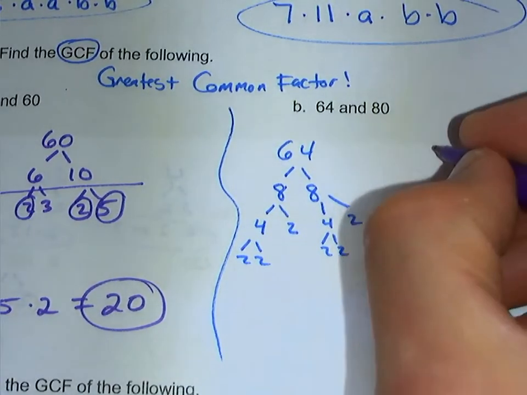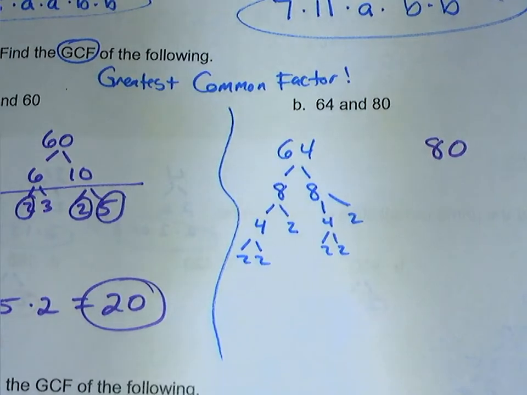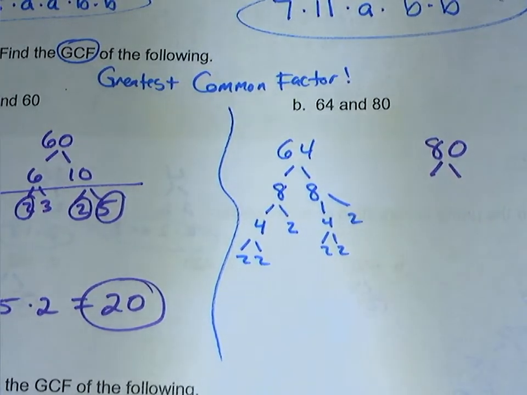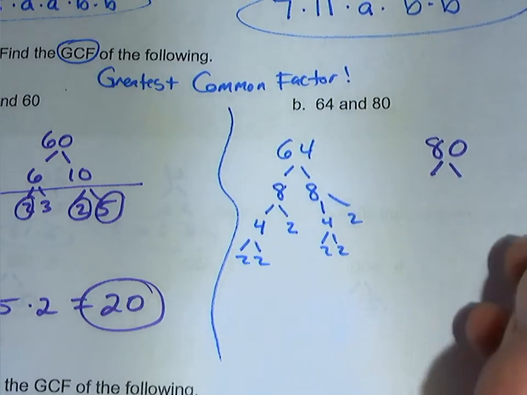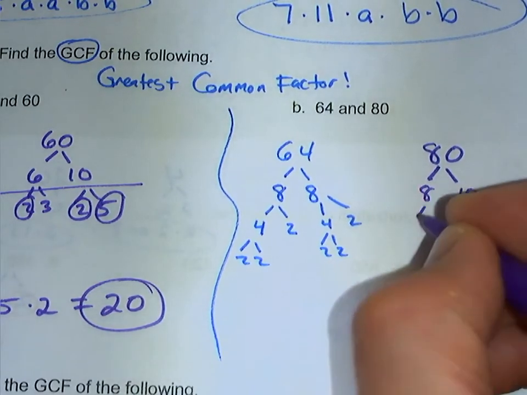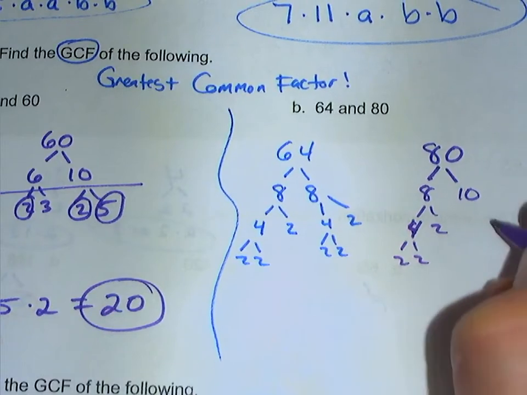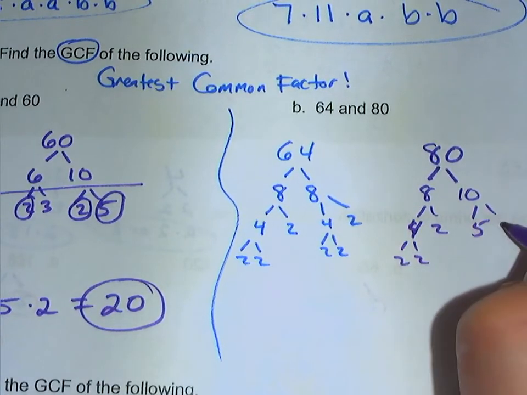Now we got 80. Let's break down 80. What do we got? 8 and 10. Perfect. We got 4 and 2, 2 and 2. And 10 is 5 and 2.